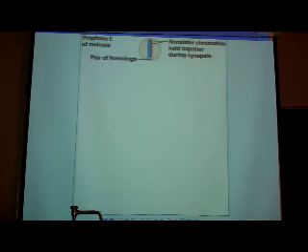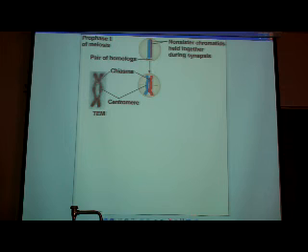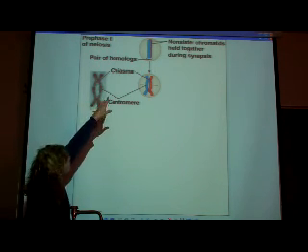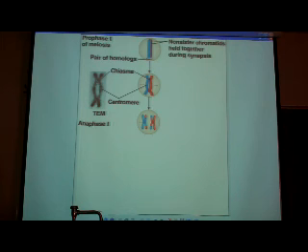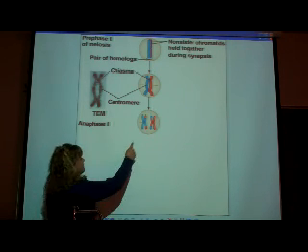independent of each other. Okay, this picture is showing you the details of crossing over. So you have a blue and a red at the very top. You have these homologous chromosomes, 1 blue, 1 red. They are going to attach at certain areas along the chromosome called the chiasma. That's going to result in exchange of genetic material.